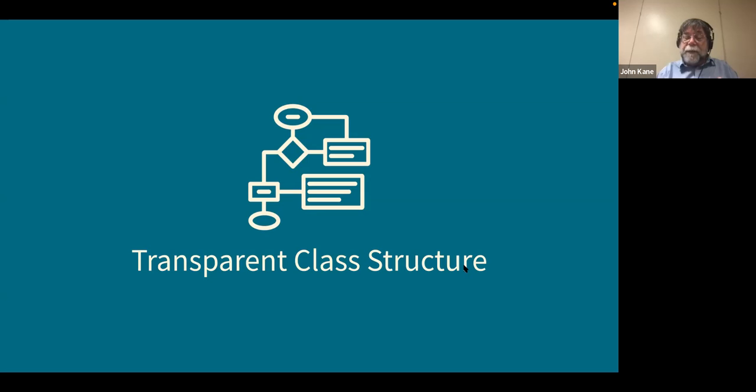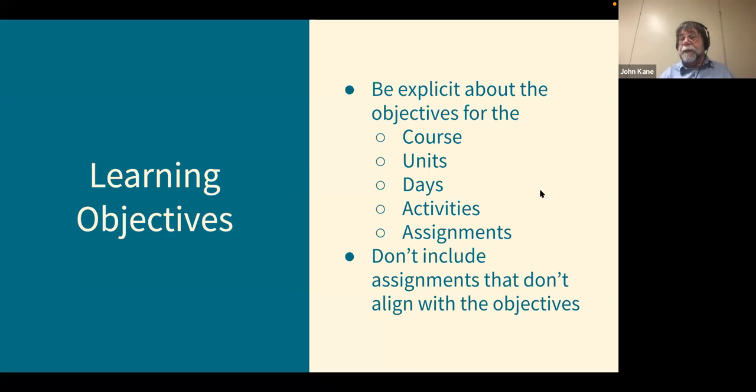So you want to make clear to students exactly what they need to do, what's expected in the assignment. Be really explicit and transparent about what the objectives are for the course, for the module or the units that you're working on in the class, for what you're doing that particular day if you're meeting synchronously, what exactly the activities are and why you're doing the activities so that they don't think it's just some sort of busy work.